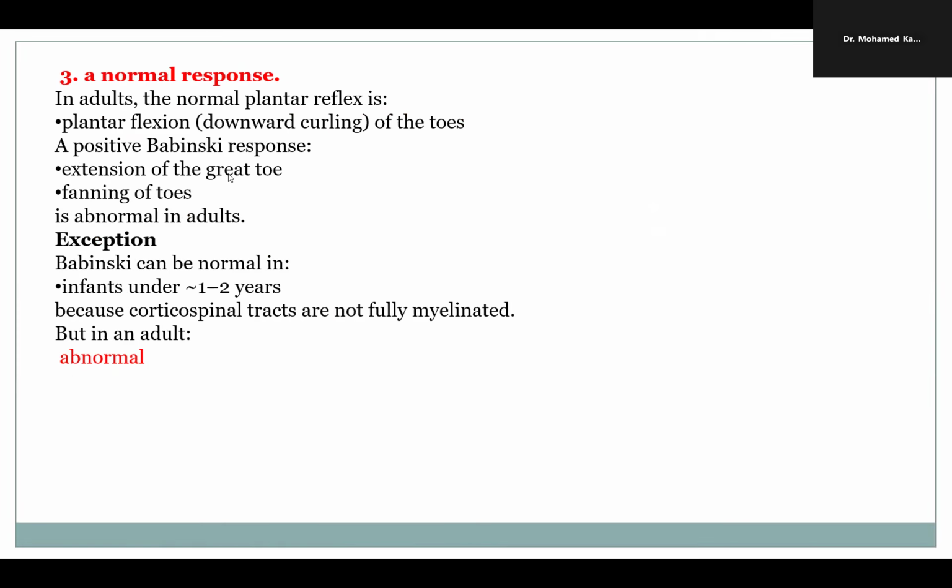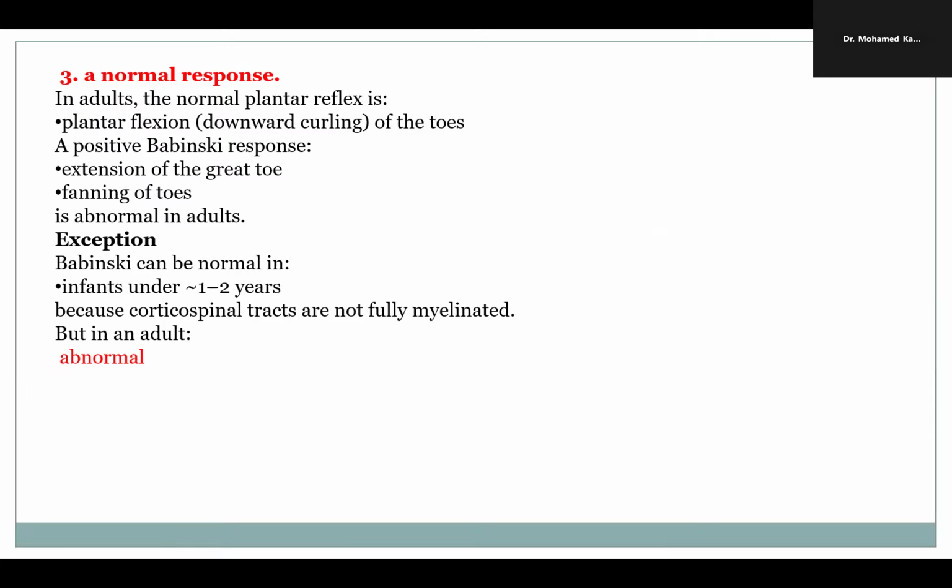And the last incorrect option is that this is a normal response. No, this is an abnormal response. The normal response is downward curling, plantar flexion of the toes. But here in this picture, we have seen extension of the great toe and fanning of the toes, and this is considered an abnormal response in adults.